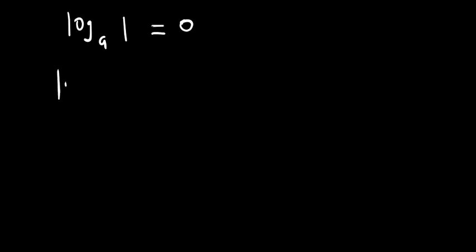Then if I've got a log where the base of the log and the answer are the same, then the answer will always be 1. So basically those simple rules on logarithms are very, very important for us to know.